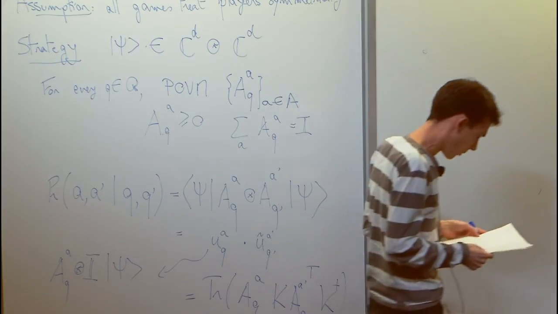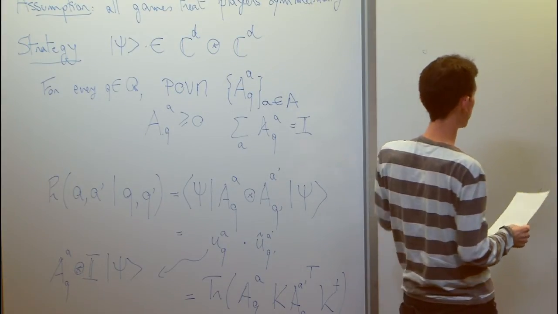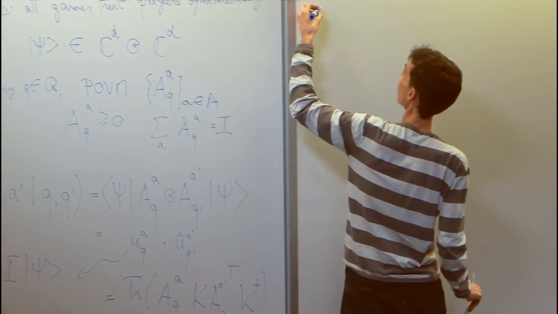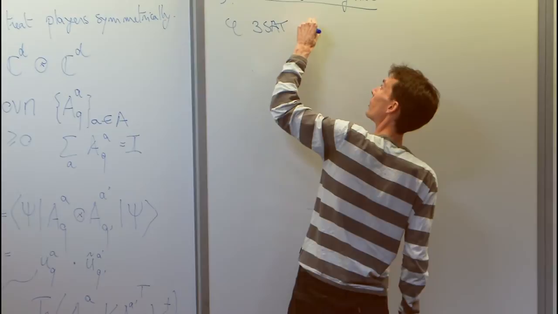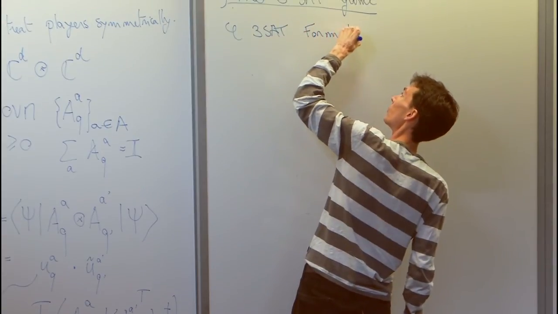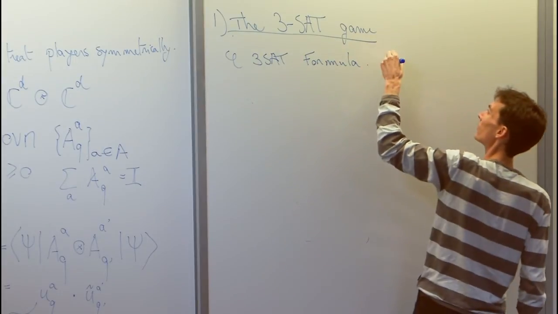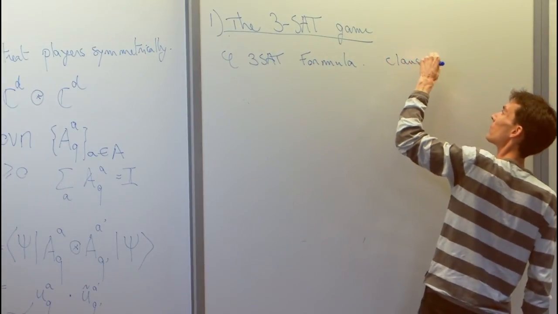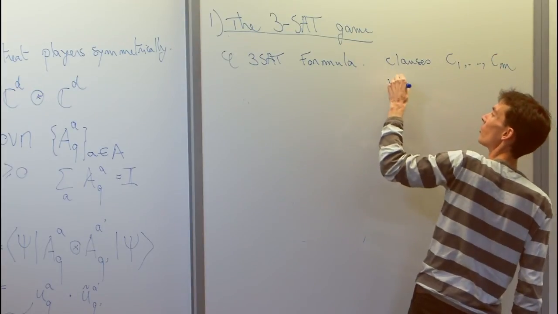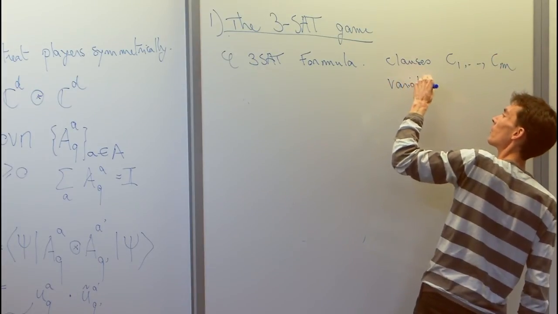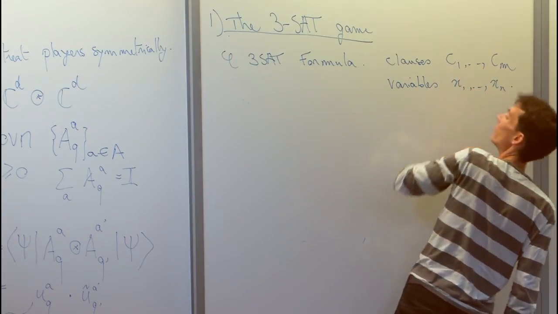Okay. So the game to start with is the same game that we saw before. So I take phi to be a 3-SAT formula. So, a generalization of, well, not really, but it has clauses C1 up to Cm. And these clauses act on variables x1 up to xn, right?